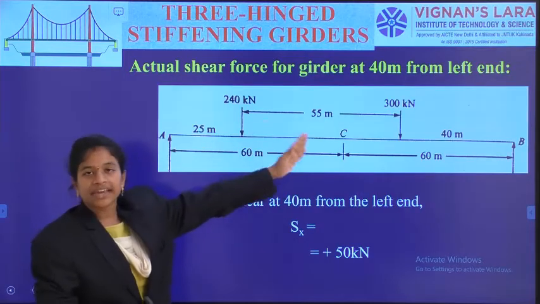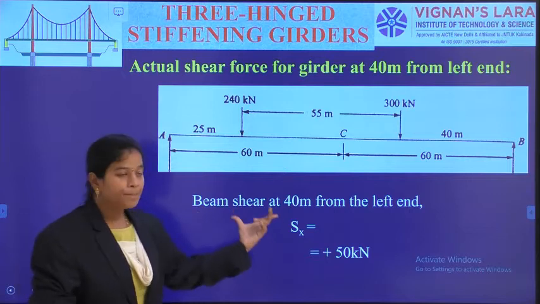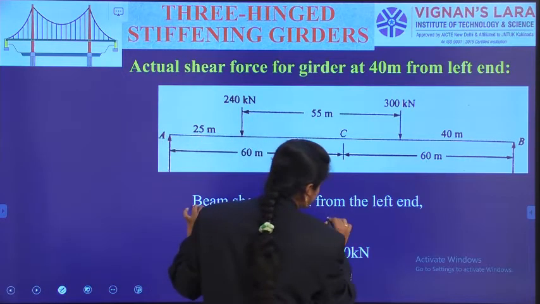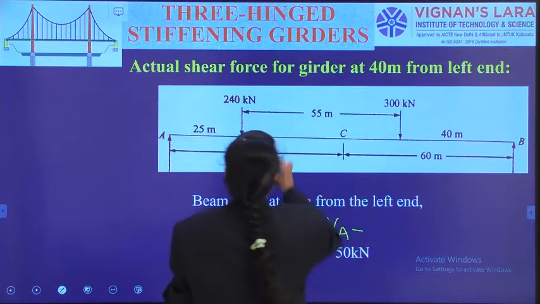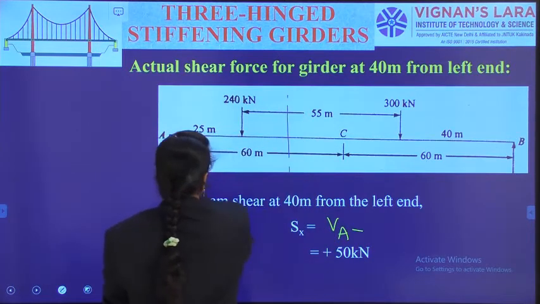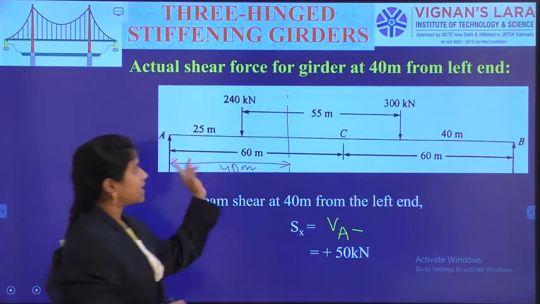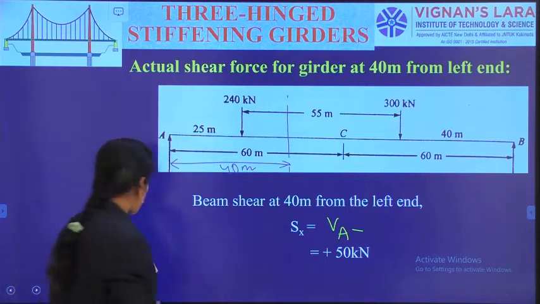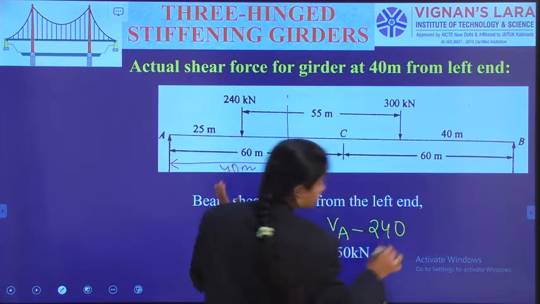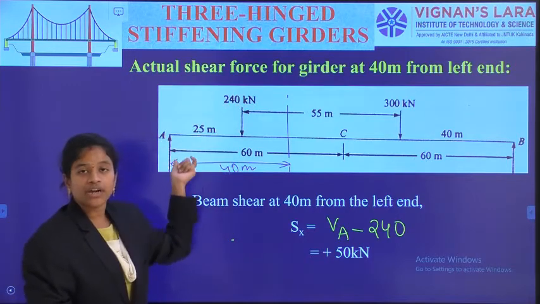Now I am taking the corresponding loading figure for calculation of S suffix x. So beam shear at 40 meters from the left support is equal to VA, as it is involving this 240 kilonewton point load also. I need to say 240 removed. Left side upward positive shear force, left side downward negative shear force. So minus 240 and plus VA.